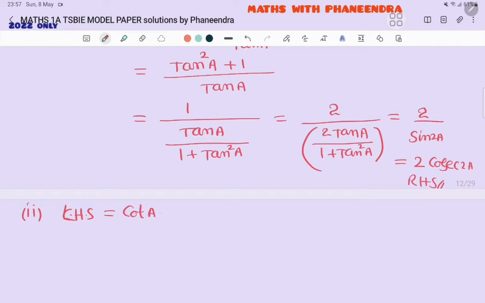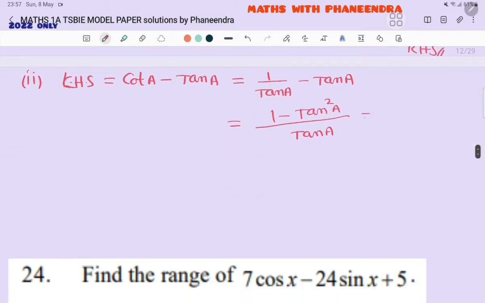Cot A minus tan A is equal to, cot A means 1 by tan A minus tan A, which is equal to, tan A is the LCM, so 1 minus tan square A. Again here also, multiplying and dividing by 2 and writing the numerator as denominator of a denominator, 1 by tan A by 1 minus tan square A.